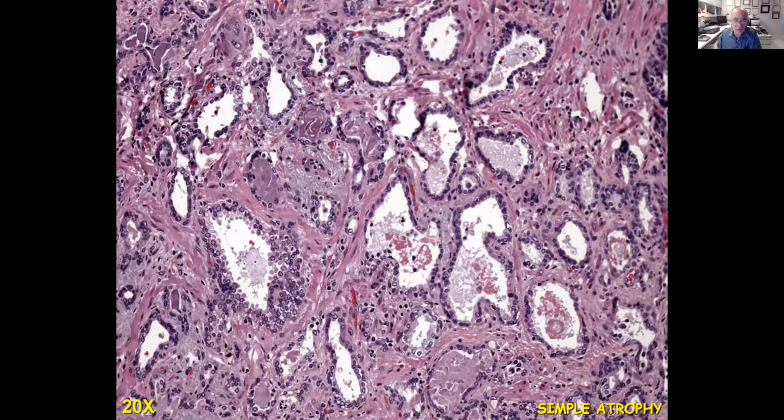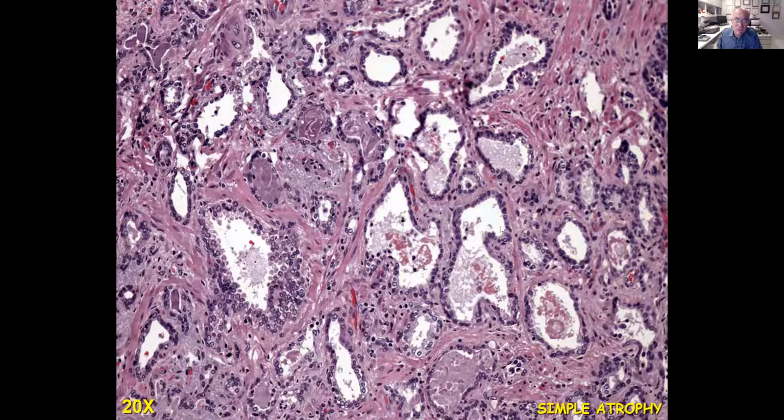Then another important lesion to keep in mind, because this is the main differential diagnosis with cancer: these kinds of lesions are the main mimicker of cancer, and we need to be able to identify them.